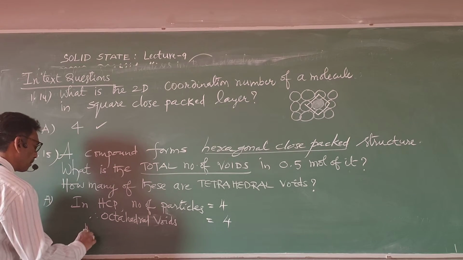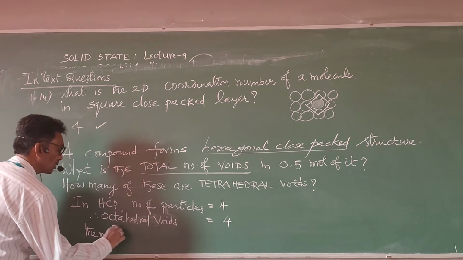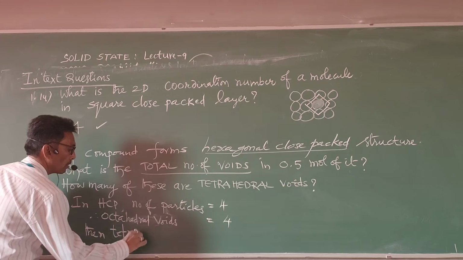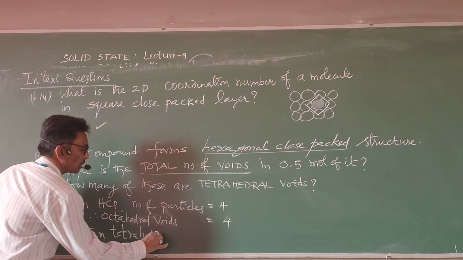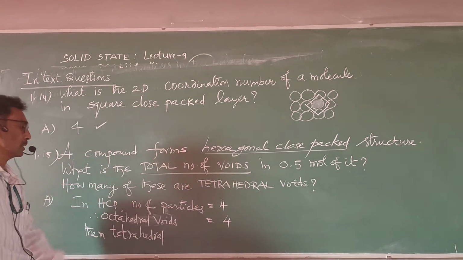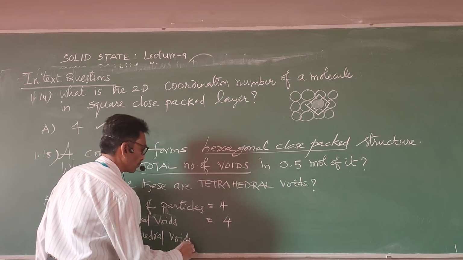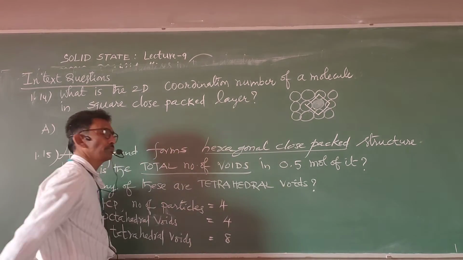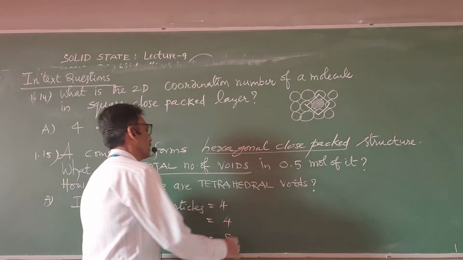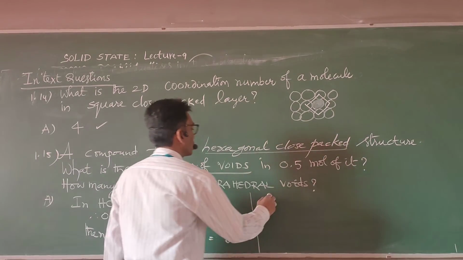Then tetrahedral voids, the relation is double the number of particles. Tetrahedral voids is 8.